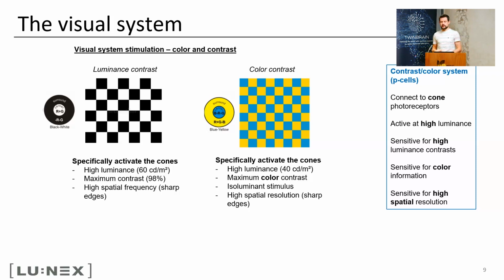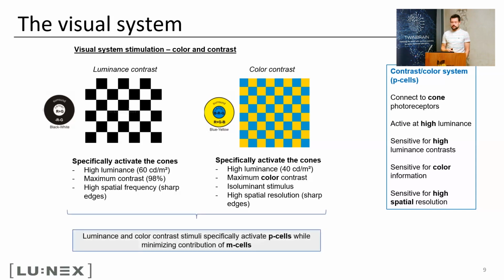We have the same high spatial resolution, or spatial frequency, so these sharp edges in this chessboard. So we are again fulfilling all the criteria for an activation of the P cells.